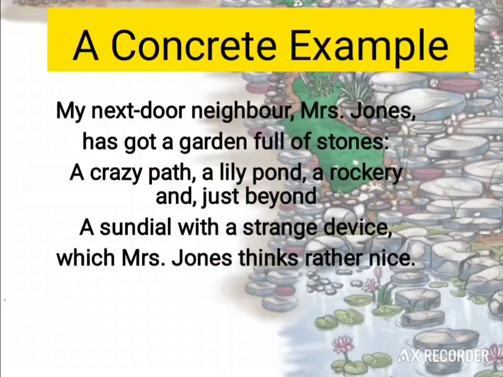In this poem, there is a garden full of stones, and it is somewhat a strange garden because usually we notice gardens full of grass, full of plants, but this strange garden is full of stones. It has lily plants, a sundial, and the plants are so small that even the poet is unable to notice them. So let's read the poem and understand it.